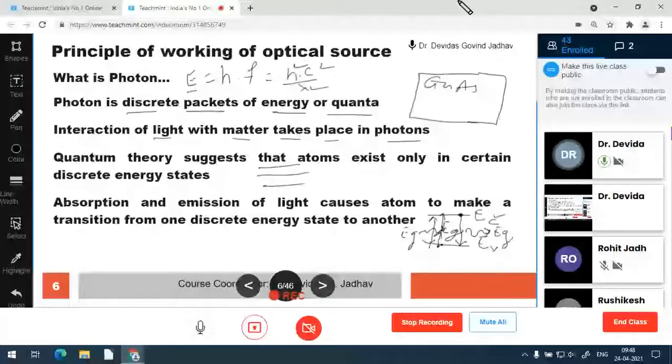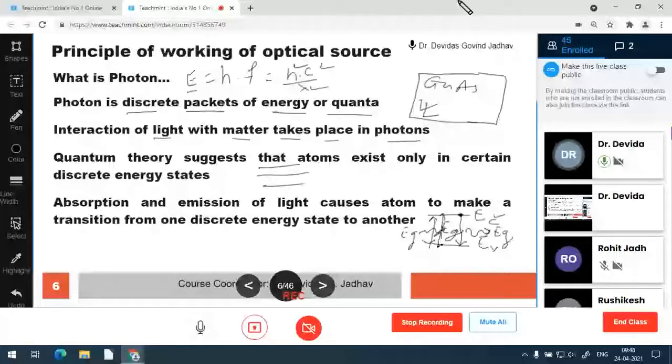So what is the working principle? We know light is in the form of photons. A photon has the energy hf, or hc upon lambda. A photon is a discrete packet of energy. The interaction of light with matter always takes place through absorption and emission of photons.